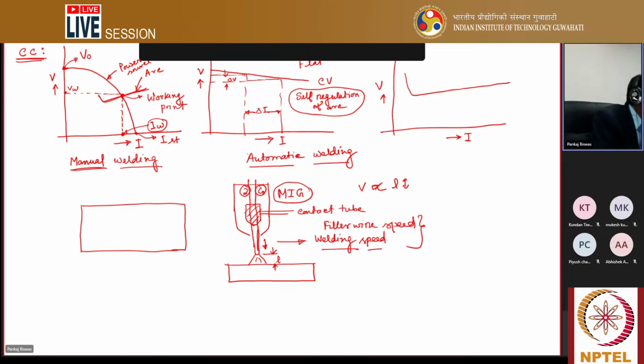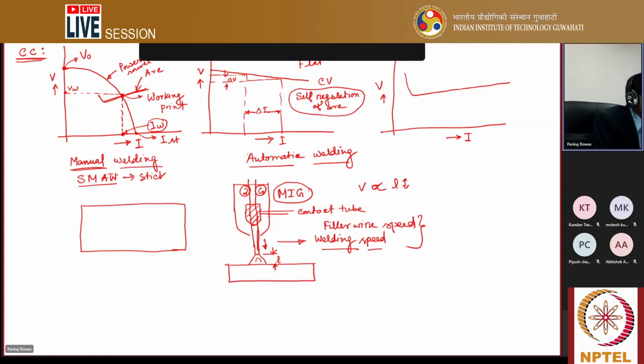One example is SMAW, that is shielded metal arc welding, or sometimes it is called shielded manual metal arc welding process. This is also called stick welding process.